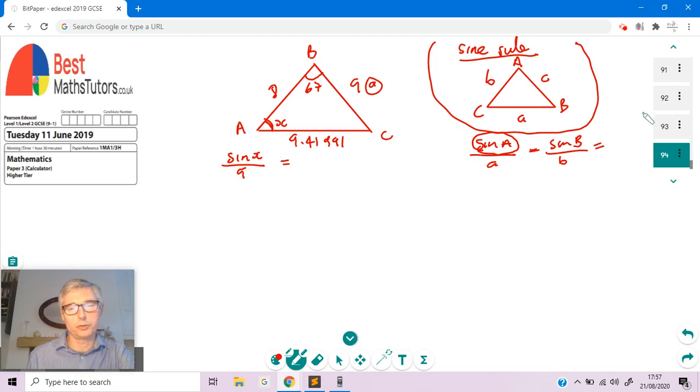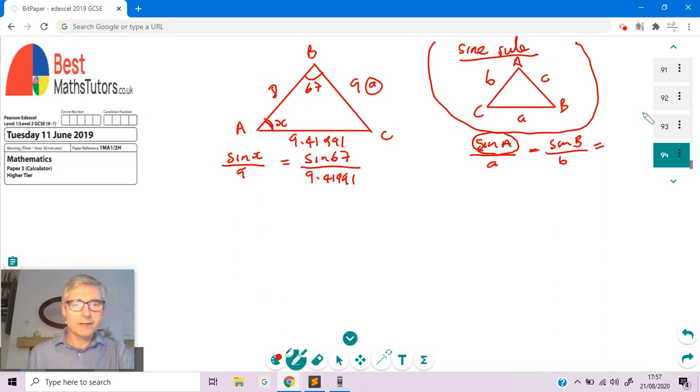That's equal to, if we use this angle here, B, sine 67 over the length we found in the last part of the question, so over 9.4199, etc. Although we're going to use the answer button on the calculator anyway, so we won't need to type all those figures back in.